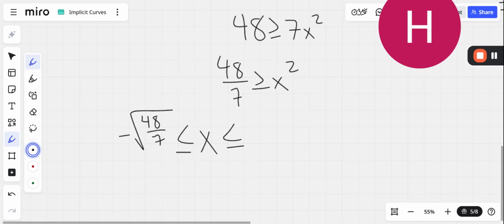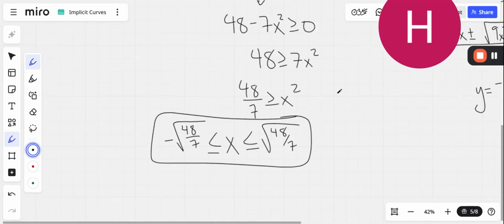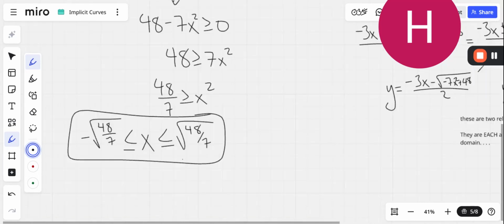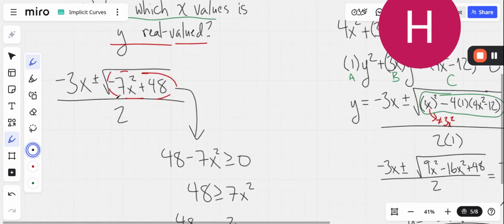It's very close to 2.6, and positive square root of 48 over 7. Those are the values that are going to give us real y values for our relation. Otherwise, the inside of the square root will be negative, and we won't have any real y values.